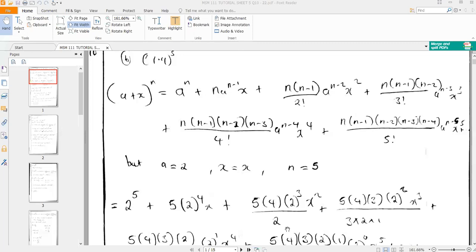The formula is there in the solutions for the tutorial sheet you were sent. So I think those who want it can get it from there so that we proceed.